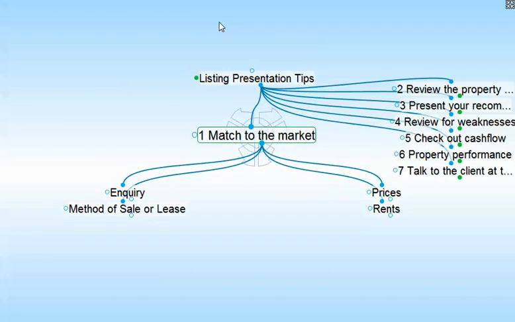Determine whether the property and the client are correctly matched to the levels of inquiry coming into your brokerage today for that property type. Is the property so unique that it will have limited inbound inquiry? If that is the case, you will need to choose the right method of sale or lease as that which is best possible for the outcomes required of the client.